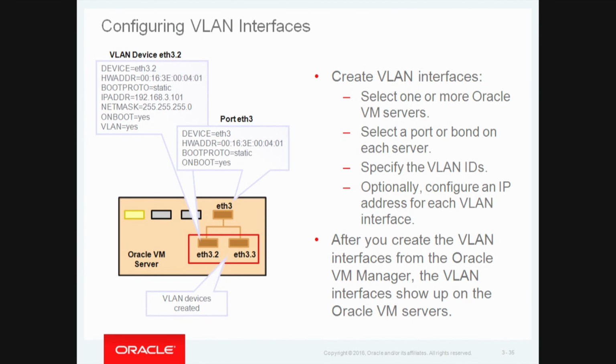So once you have created all these VLAN interfaces from the Oracle VM Manager, you are not allowed to make this kind of configuration straight on the Oracle VM servers.